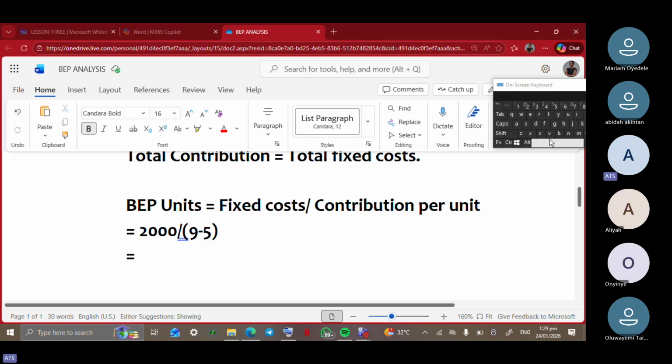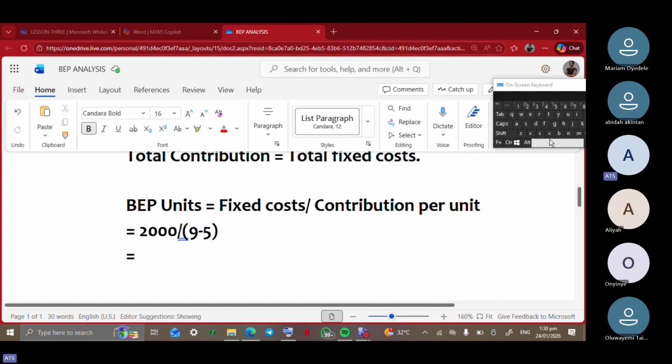Do you understand that? Are you with me? Yes, ma. Contribution per unit is equal to selling price per unit minus variable cost per unit.